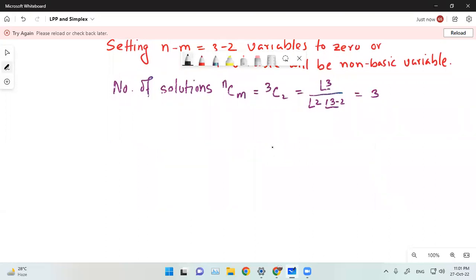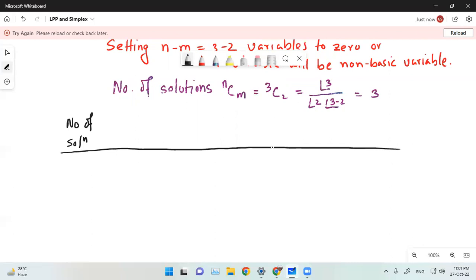Number of solution first, then the non-basic variable, then the basic variable, then equations and solution.